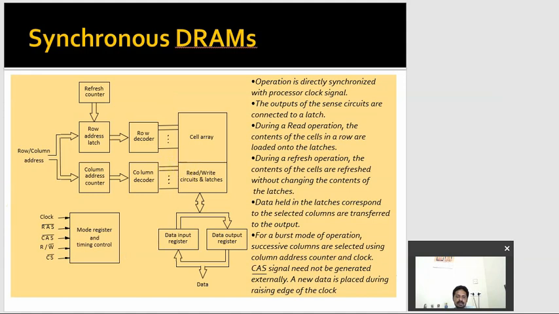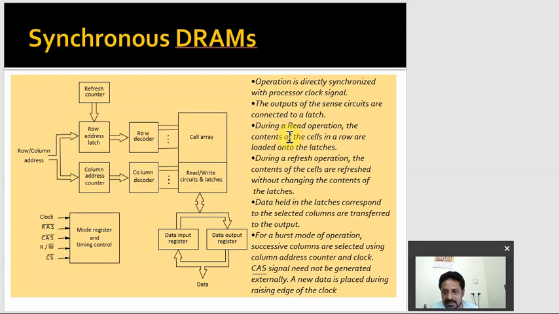Here is the synchronous RAM, with the same operation. Operation is directly synchronized with a processor clock signal. The outputs of the sense circuits are connected to a latch. During a read operation, the contents of the cells in a row are loaded onto the latches. During a refresh operation, the contents of the cells are refreshed without changing the contents of the latches.